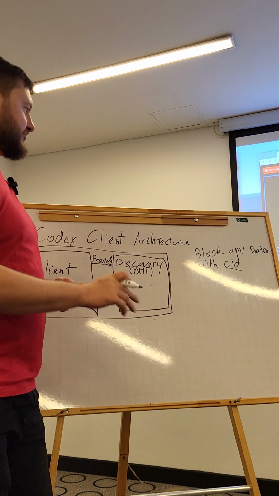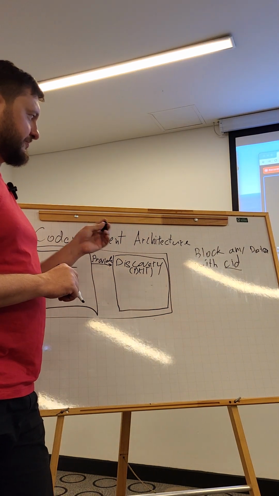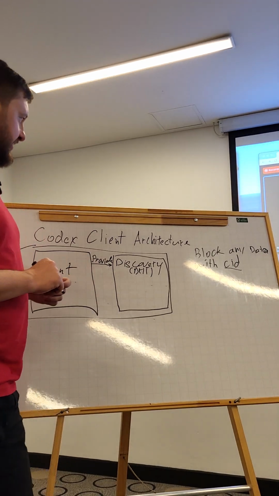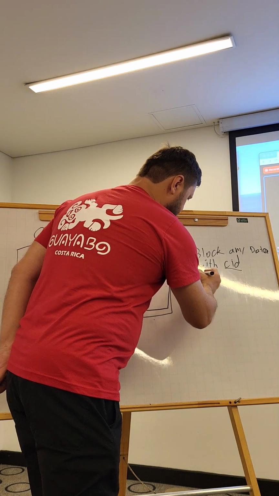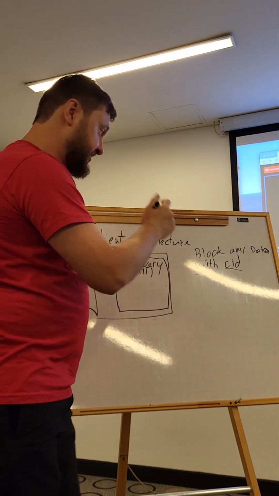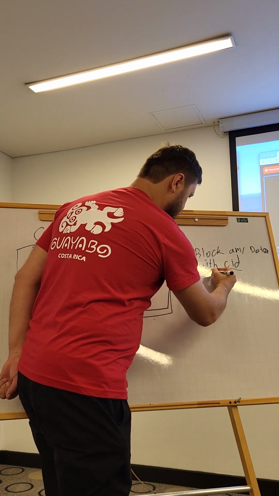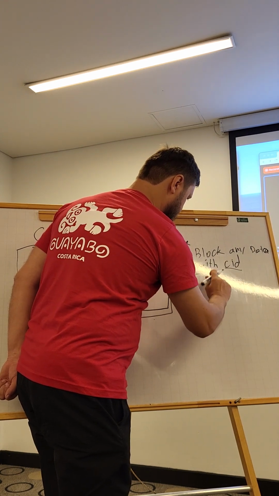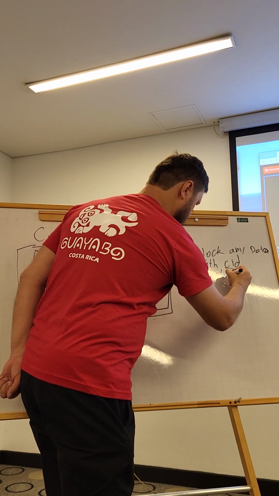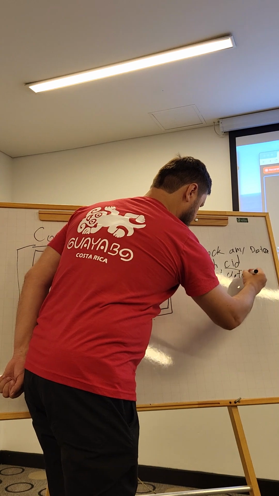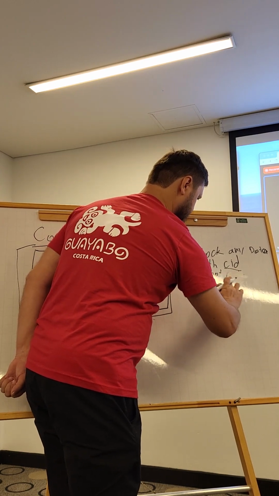CID stands for content identifier. It again comes from the IPFS libp2p world, and it allows you to say what kind of data it's pointing to.